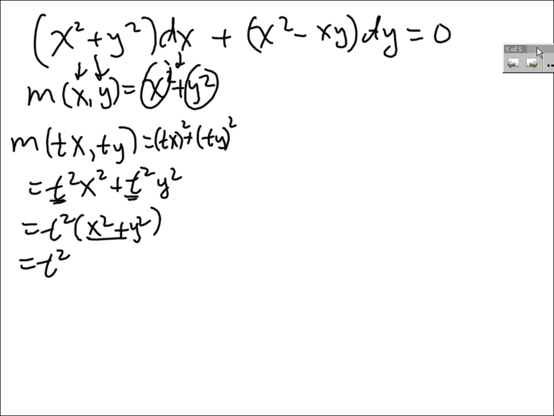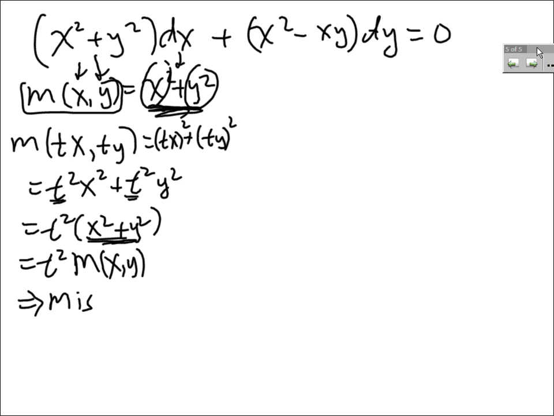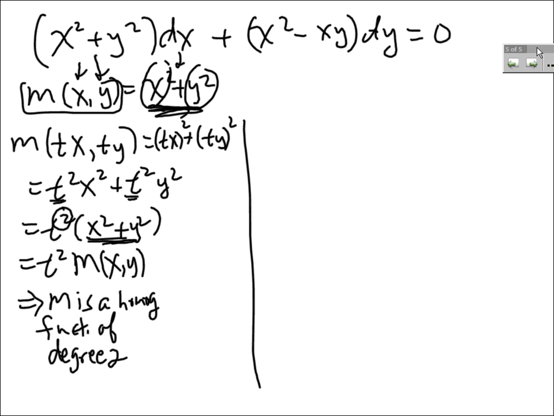And what t squared is being multiplied by, x squared plus y squared, that's M of x comma y, which implies that M is a homogeneous function of degree 2.